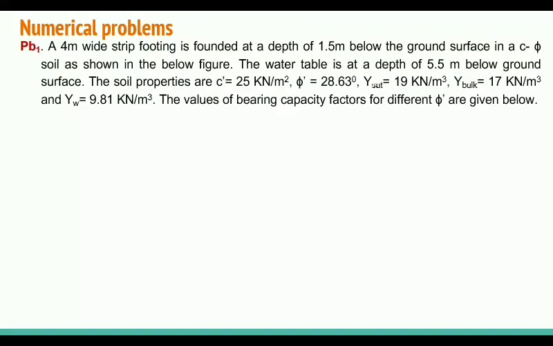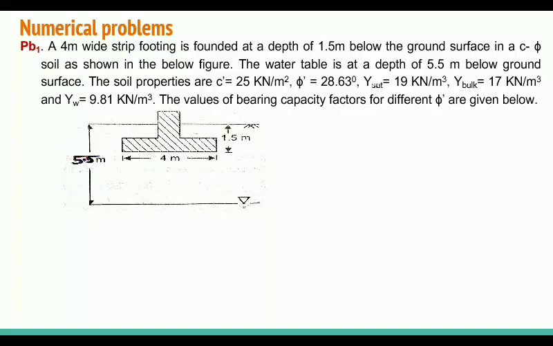So let's discuss some numerical problems. The first numerical we have: a 4 meter wide strip footing is founded at a depth of 1.5 meter below the ground surface in a c-phi soil as shown in the figure. The water table is at a depth of 5.5 meter below the ground surface.